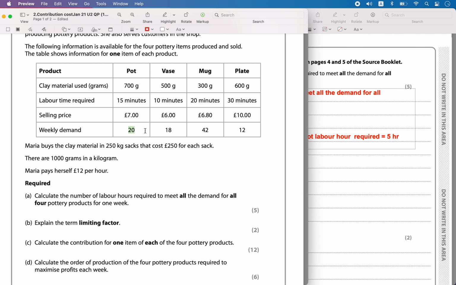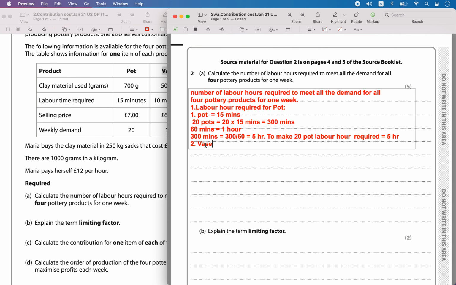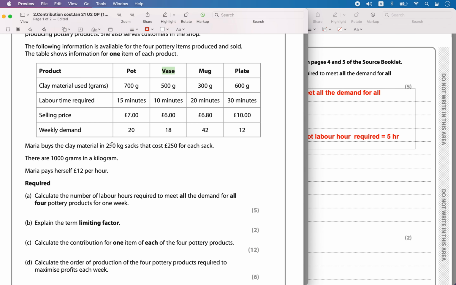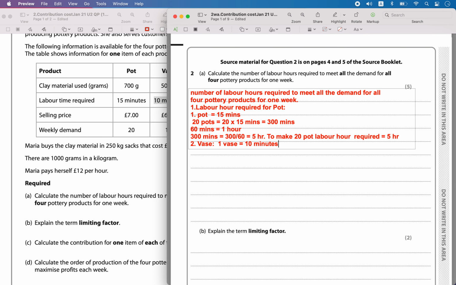Now let's calculate for the vase. To make one vase she takes 10 minutes.